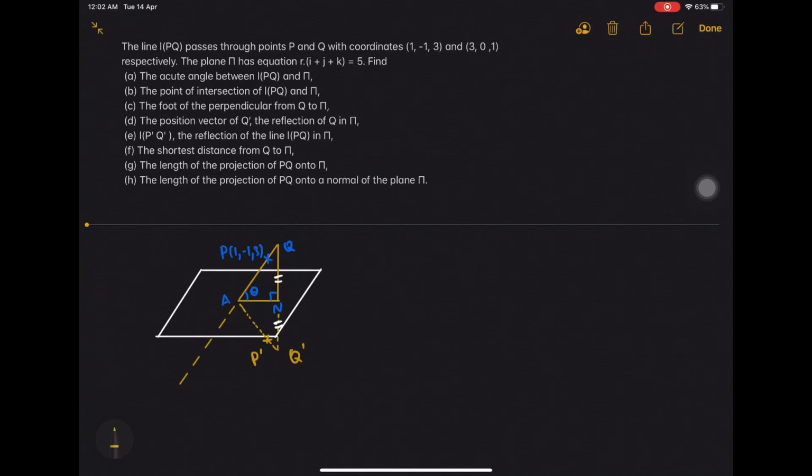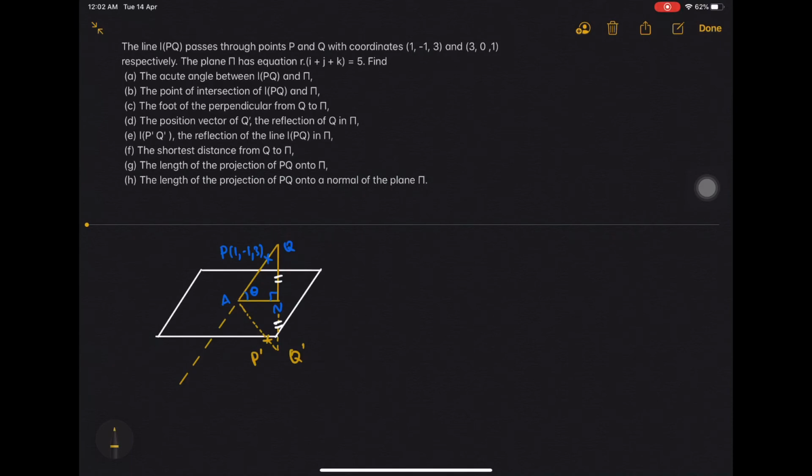So instead of using my P prime, since I have my Q prime, I can find my line P prime Q prime by using A and Q prime. So I'm going to do this. We're not using P prime, since A to Q prime is enough to find the equation of the line P prime Q prime.